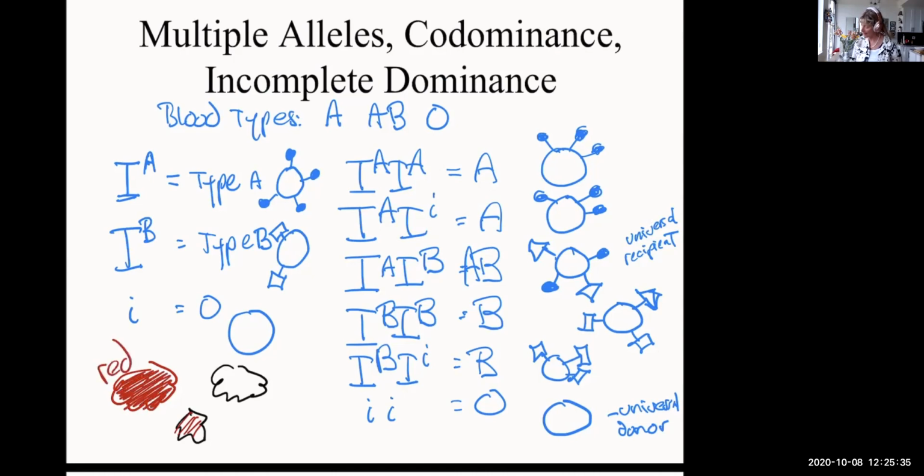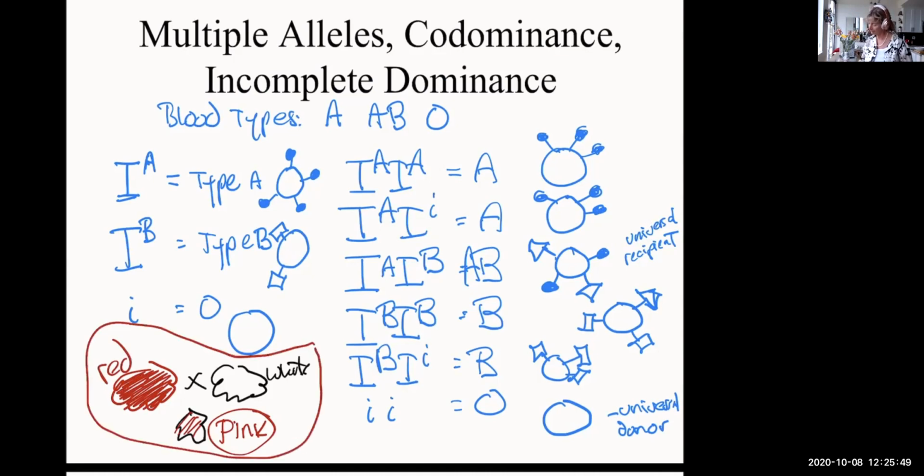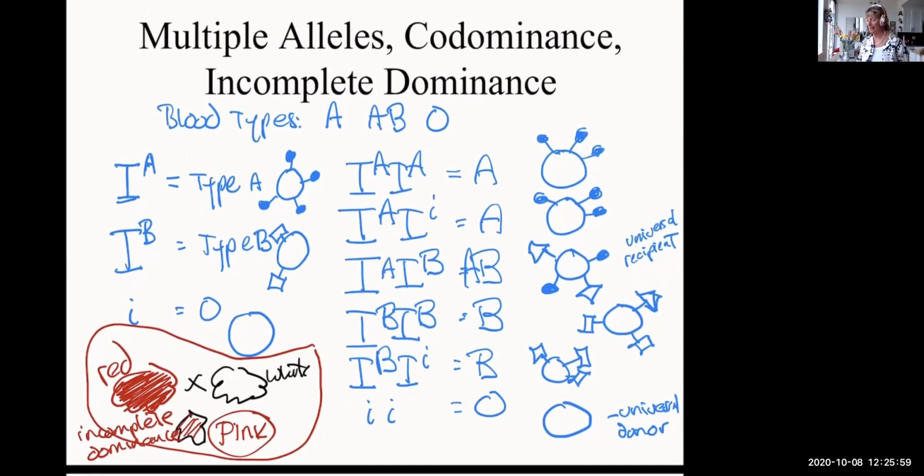This one is completely white. He crossed them and he got pink. So that was a case of incomplete dominance. Dominance doesn't mean better or worse or anything like that. It just means that if you have the dominant allele, you will normally express a dominant phenotype.